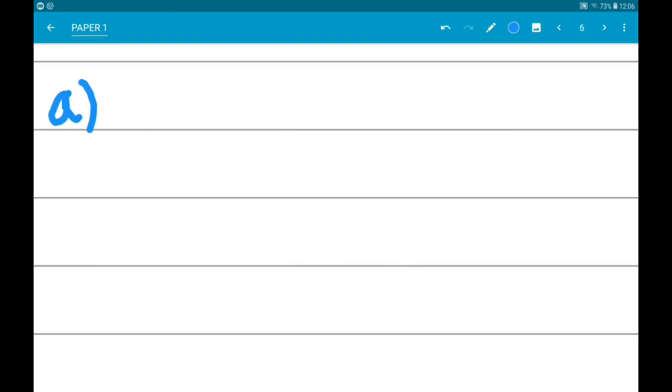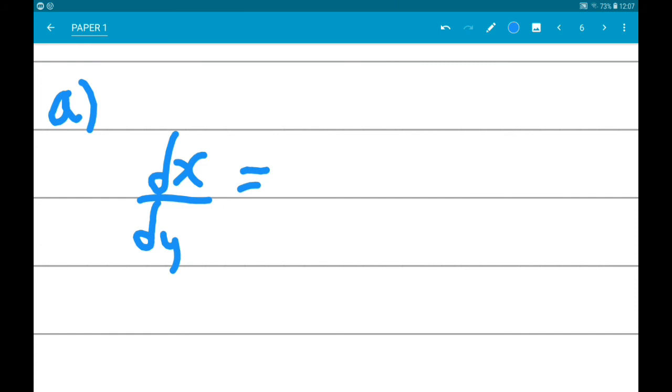So, as it stands, we can find dx by dy. So, sine of 2y will differentiate to 2 cos 2y.